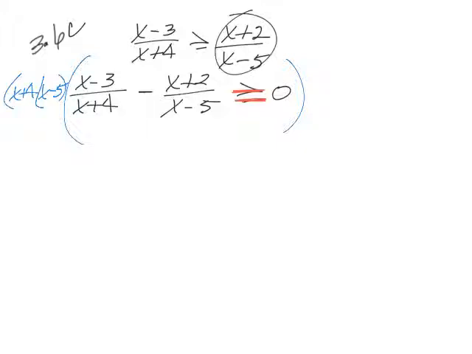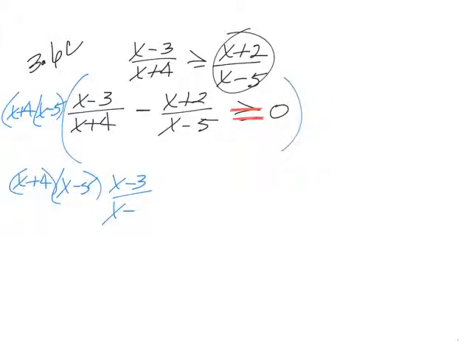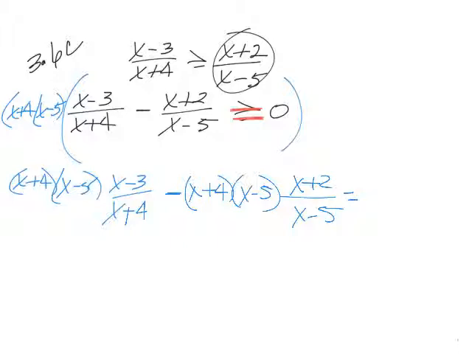So when I do that, I get x plus 4, x minus 5 times x minus 3 over x plus 4, minus x plus 4, x minus 5 times x plus 2 over x minus 5, and then I multiply x plus 4 times x minus 5 times what's on this side, which is a 0, so it automatically is going to give me a 0 there, so I don't do anything.